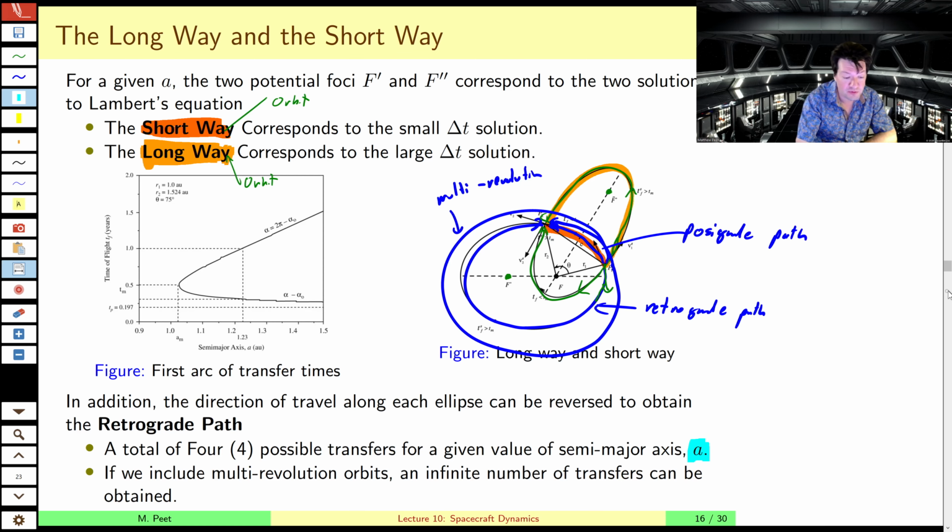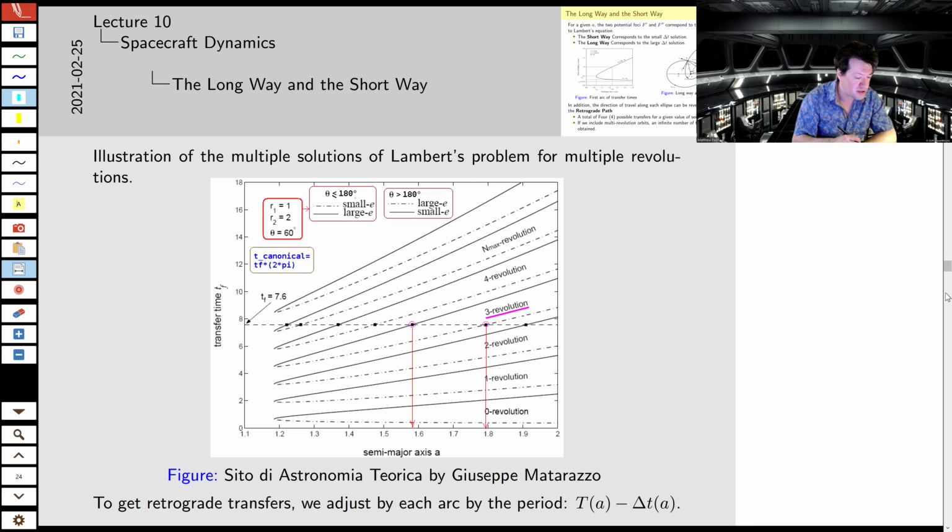To illustrate that point, here I've got a very nice plot of these multi-revolution orbits, given a particular value of A. So let's look at this for a given A first. For a given A, there's an infinite number of ways to get from point A to point B. The first is the long way or the short way, and then there are the multi-revolution versions of each of those.